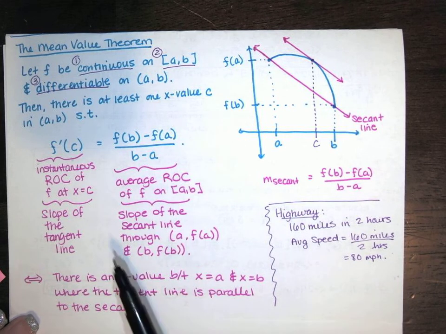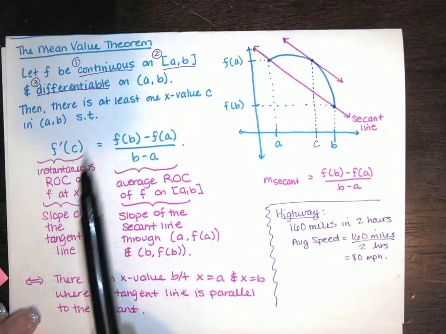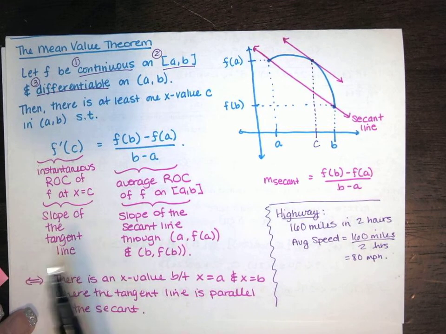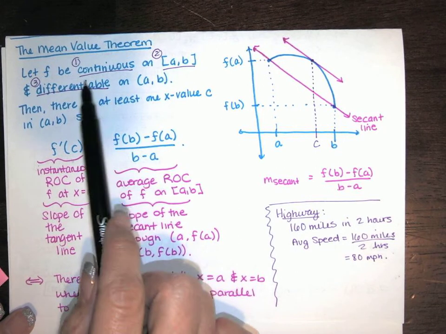But this is what the mean value theorem says. If your distance function is continuous, and it is, it's got to be a continuous function. You don't get to skip any distances as you're driving.